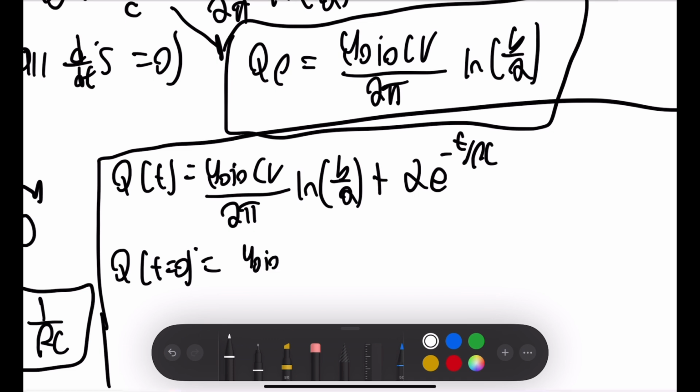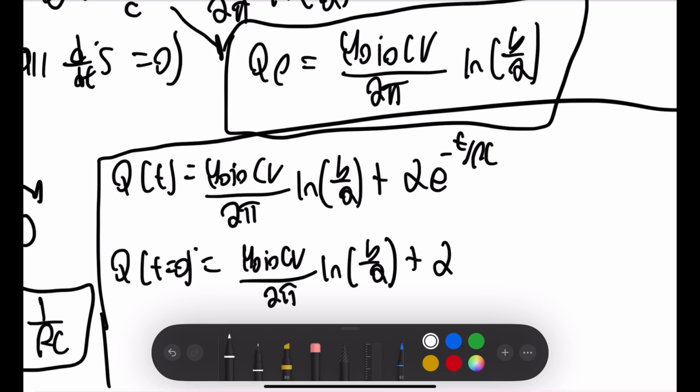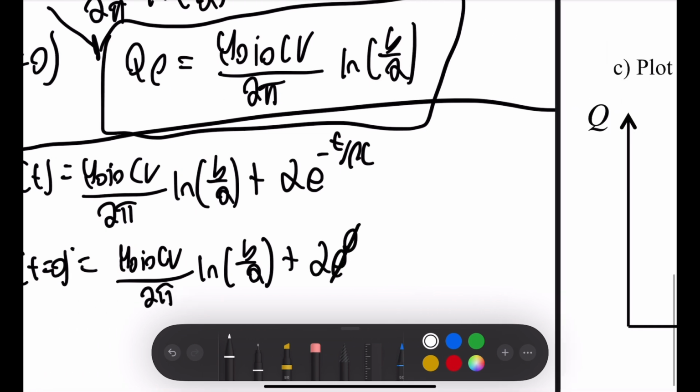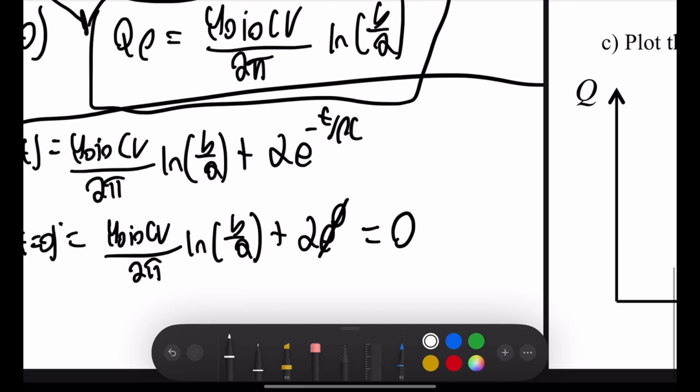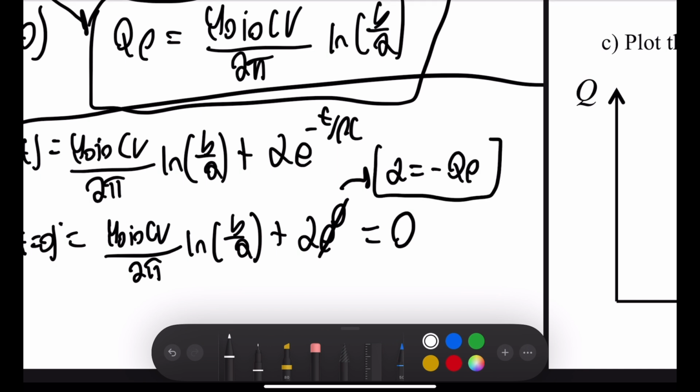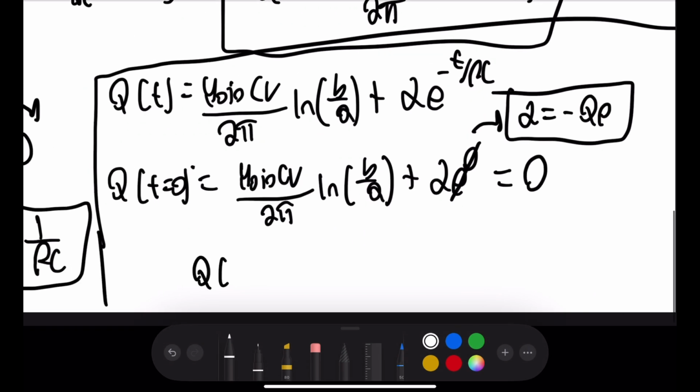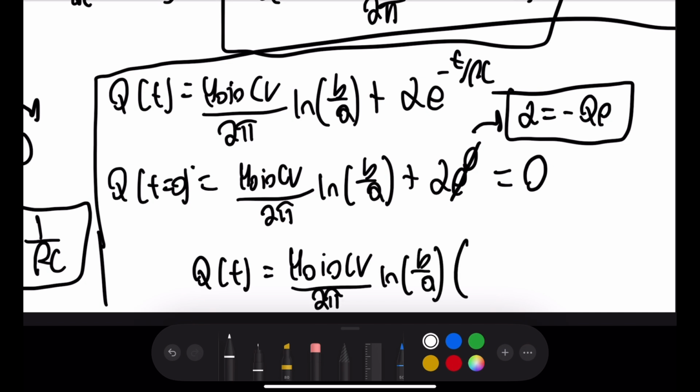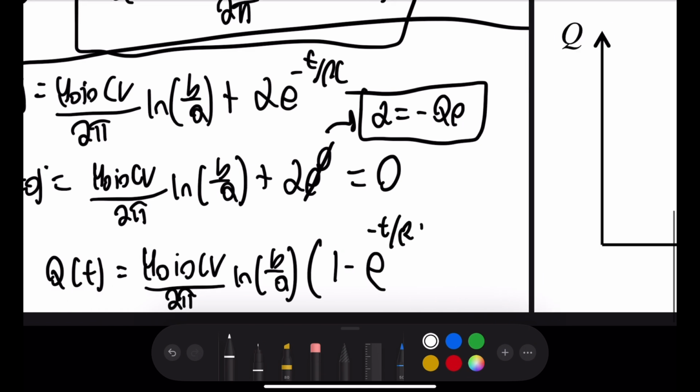So we get mu naught I naught CV over 2 pi ln of b over a, plus alpha e to the 0, which is 1. This is equal to 0, meaning that alpha is equal to negative q particular. So then q at t, if I factor everything out, would be mu naught I naught CV over 2 pi ln of b over a, times 1 minus e to the negative t over RC.